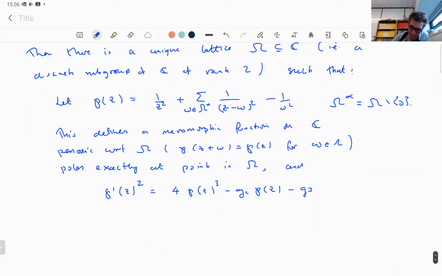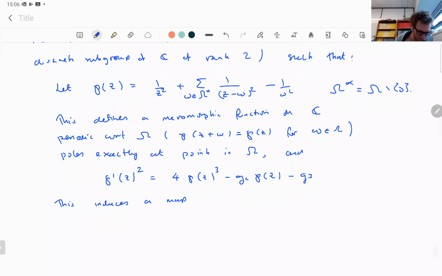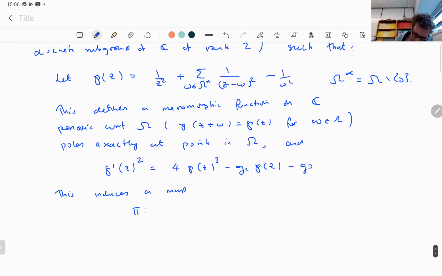So what this means is that if I send z to p of z, p prime of z, then I get a point on my affine curve. So this induces a map, which I'll call pi.